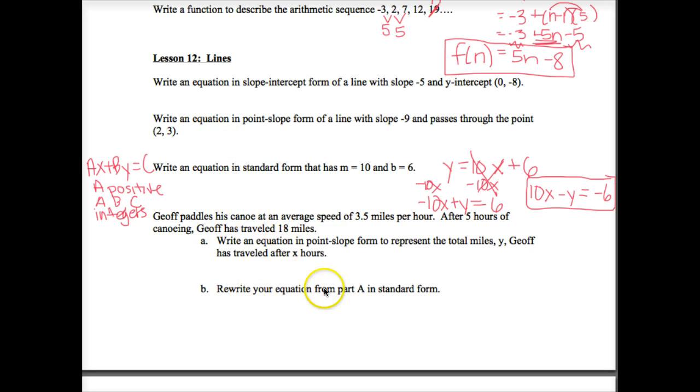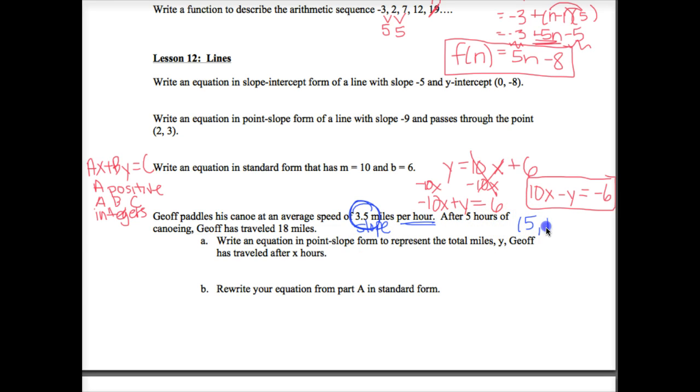All right, I'm going to do this one next because that's going to cover point-slope and a real life situation. The original information says average speed of 3.5 miles per hour. Keywords, that tells you that this is your slope. Then it says after 5 hours of canoeing, Jeff has traveled 18 miles.